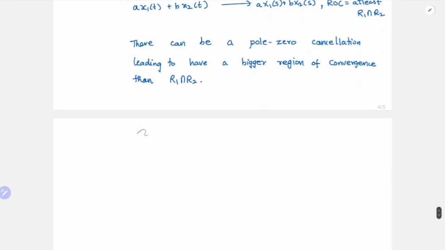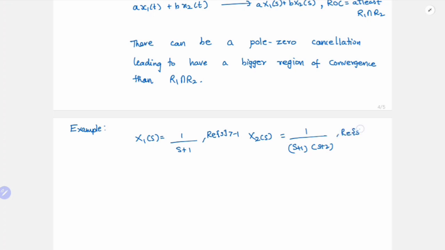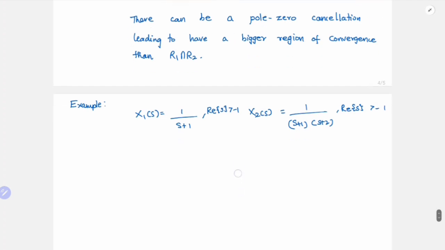So let us take x1 of s such that it is 1 by s plus 1, and x2 of s is such that 1 by s plus 1 into s plus 2, and this region of convergence is real of s greater than minus 1, and this is real of s greater than minus 2. Sorry, here also it is minus 1 because it is limited by this pole.